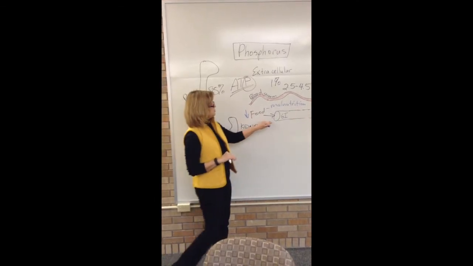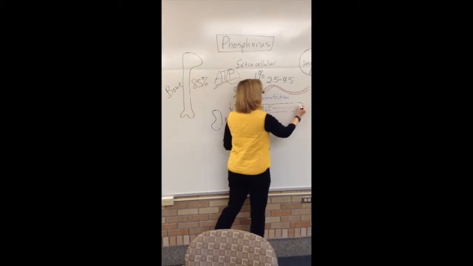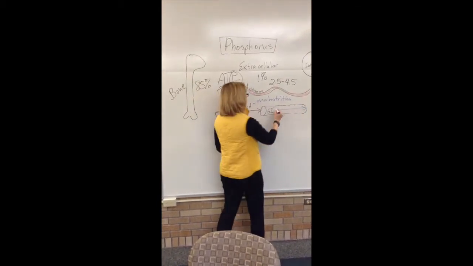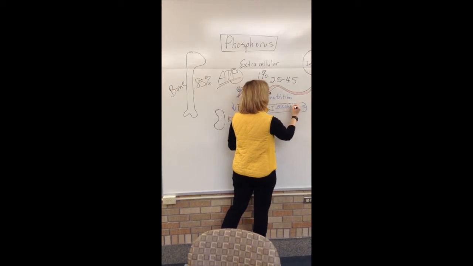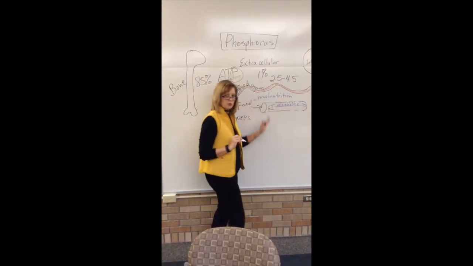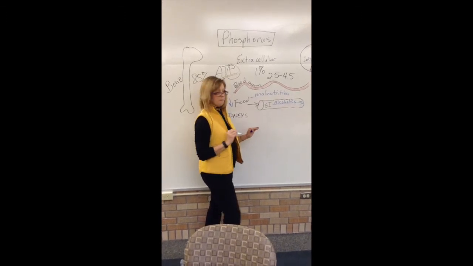Another way is to make it leave the GI tract abnormally, and alcoholics have a tendency to lose phosphorus out of their GI tract before it can be absorbed.